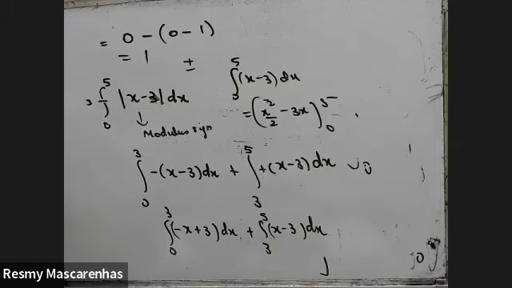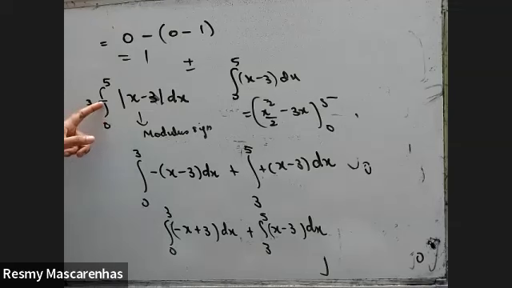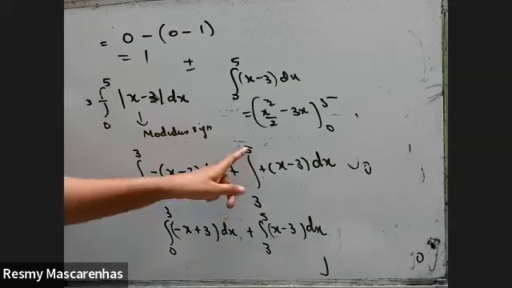Teacher, in the second step, it is 0 to 3, I mean, in the third one. Which 0 to 3 here, no? Second last, before that. 0 to 3 and then 3 to 5.